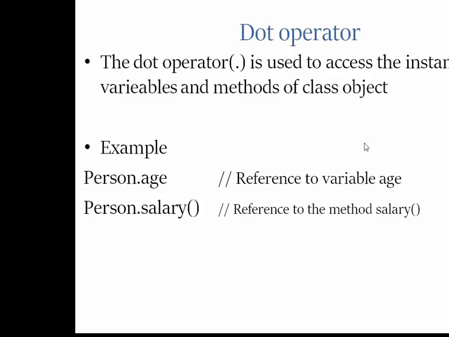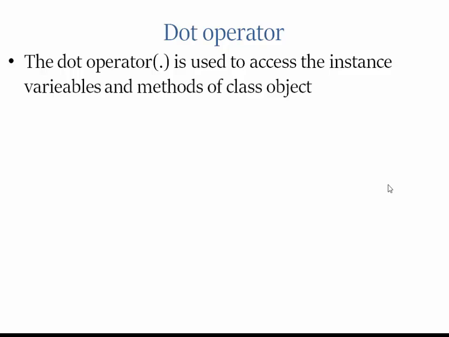So if we want to access the class variables or methods, using an object we can use this dot operator. So see, these are the two examples. So here consider age is a variable of a class. Okay, like a, and the next operator is the dot operator, and we already used these operators so many times in previous examples. Okay.